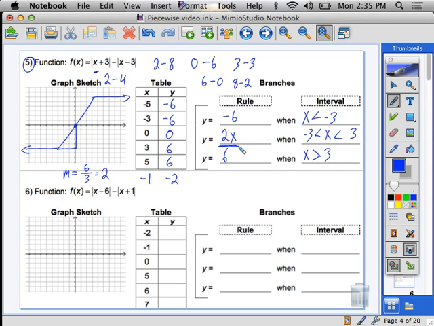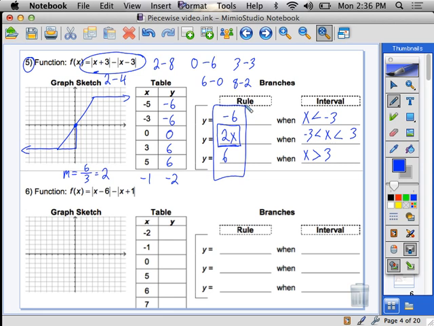Now, one of the reasons why we do this is to simplify the formula. If we look at number 5 again, this is a really crazy formula. This one, the y equals 2x, is much easier to work with. And we know that no matter what our x value is, it's going to fall in one of these 3 categories or 3 rules right here. So let's say my number was negative 5 million.